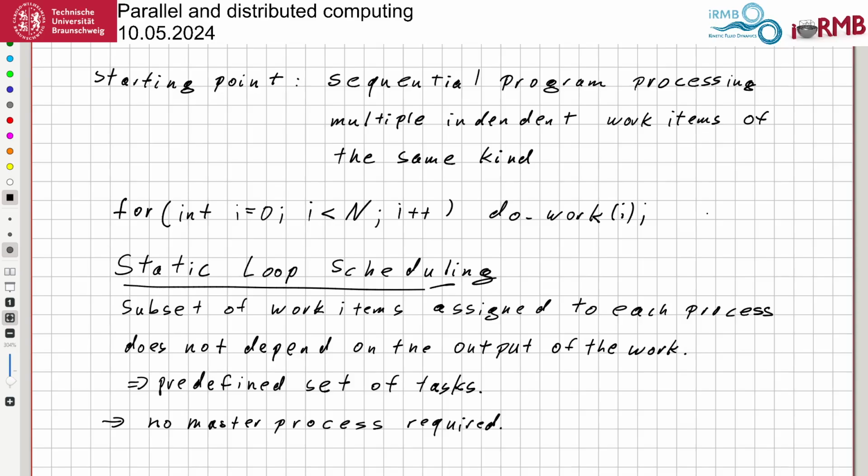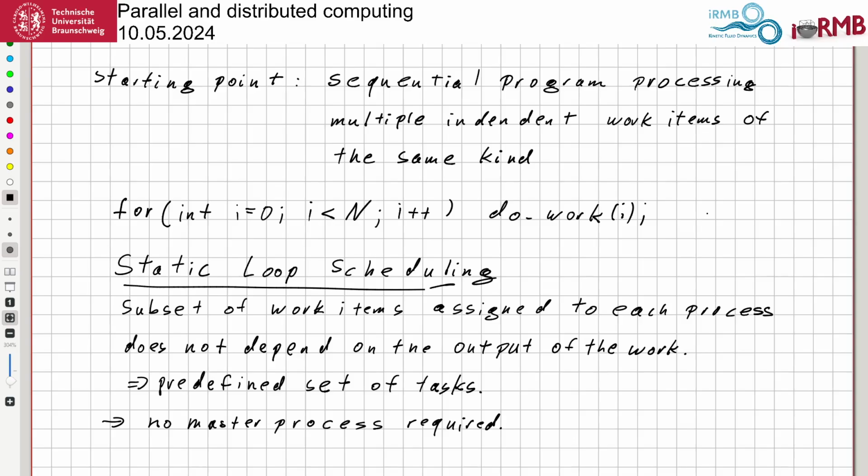In fact, we use the master process. Why did we use a master process? For computing the primes? What did the master process do?